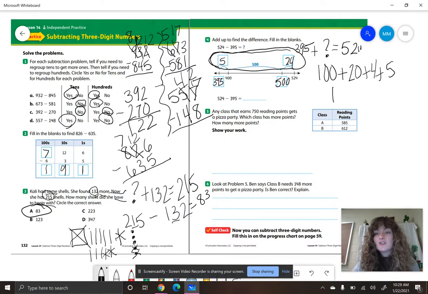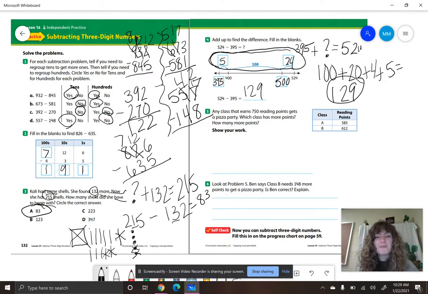So 100, 2 tens, and 4 plus 5 ones. What is 4 plus 5 ones? 9. So 524 minus 395 is 129. Whew! I'm really starting to like that strategy. Are you guys liking that strategy? All right. I don't know about you, but I'm definitely having a better growth mindset about open number lines.